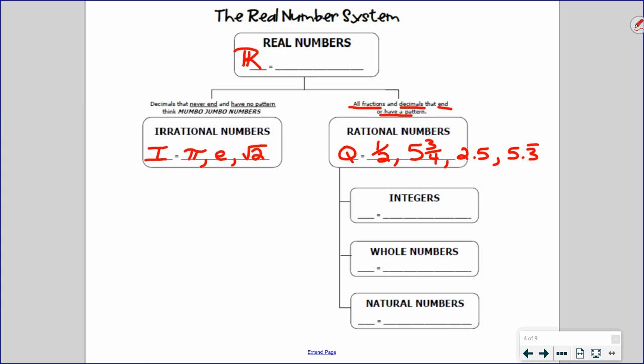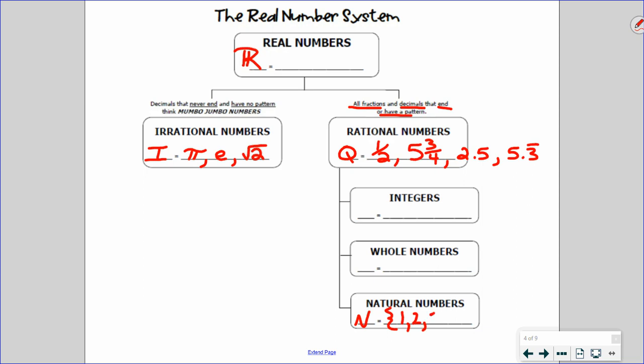Okay, now rational numbers can also be represented with subsets. And those subsets are natural, whole, and integers. So I'm going to start at the bottom with natural numbers. We represent the set of natural numbers with a capital N, and your natural numbers are your counting numbers. If you were trying to count how many of something, you would always start with the number 1.